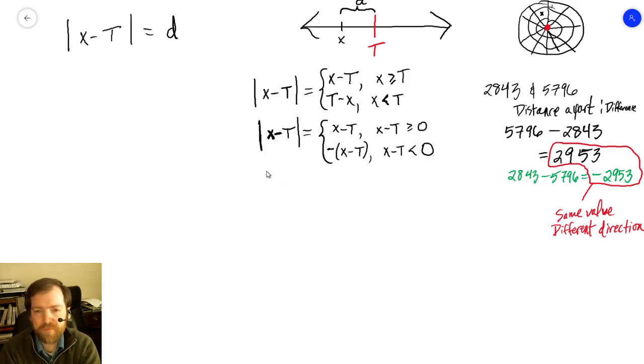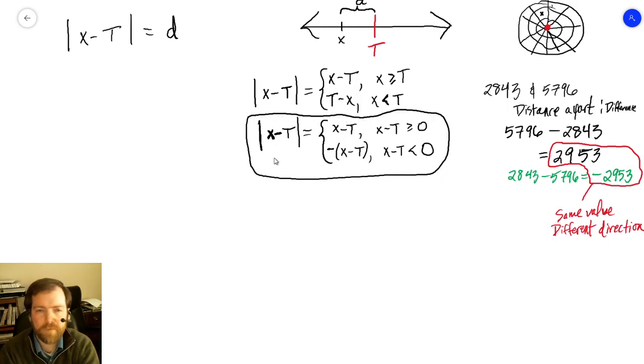Okay, so where does that take us? So we've got this absolute value, which is telling us to, again, just do the regular subtraction if the stuff inside is positive, or to switch it to a positive if it is negative.